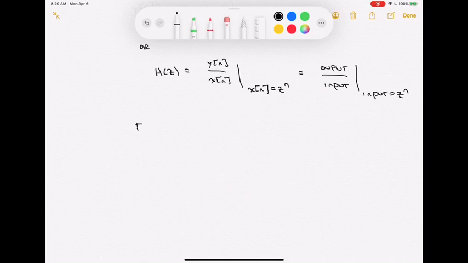So, when we talk about the frequency response of a system, we know that we have some everlasting exponential, z to the n, an everlasting exponential.